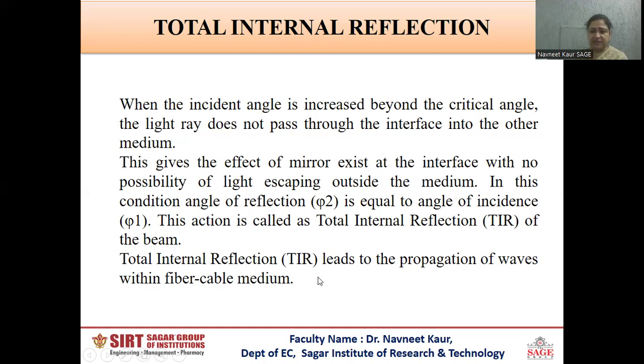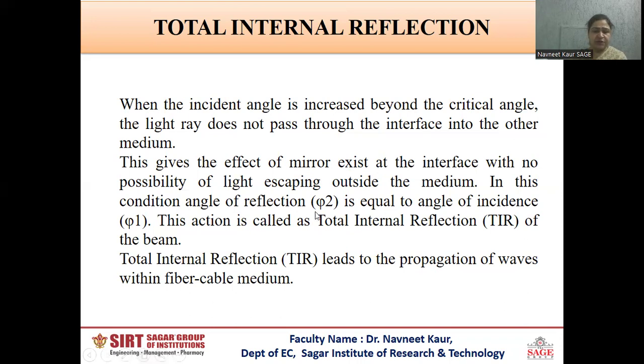The total internal reflection process leads to the propagation of waves within the fiber cable, because the fiber is made up of an inner cylindrical medium, known as the core, with refractive index, say, n1, and an outer cylindrical medium, the cladding, with refractive index, say, n2. Here the angle of incidence will be beyond the critical angle, so that the light ray will be confined to the core only. It will not be refracted into the cladding medium.